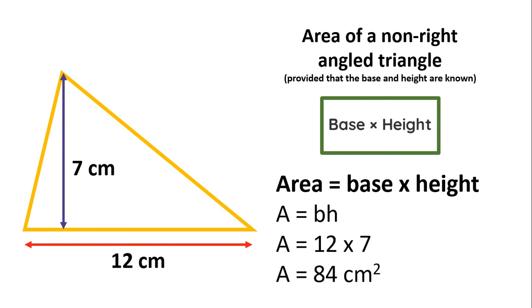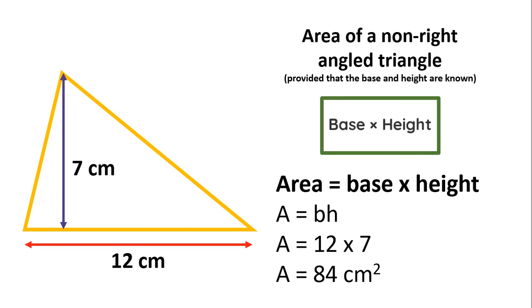So this is how you go about solving a normal triangle, which is not a right angle triangle. It could be an isosceles triangle, which has two lengths the same and one different. Equilateral triangles are those where all three lengths are the same, and a scalene triangle has all three lengths different.